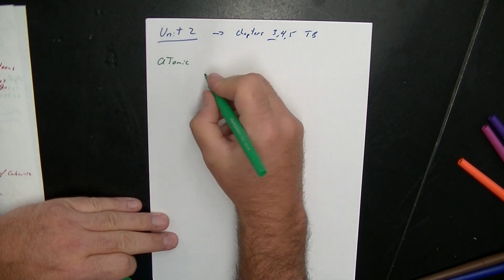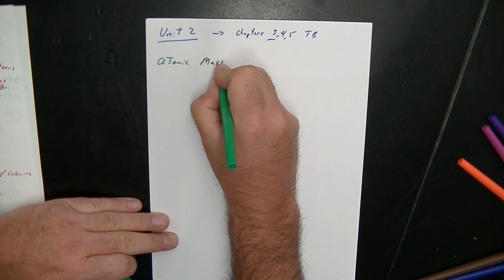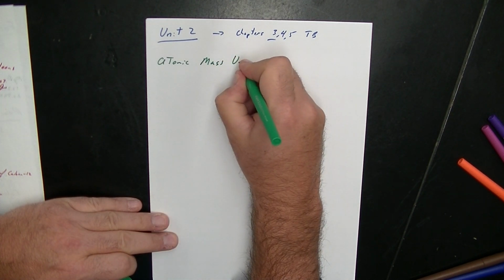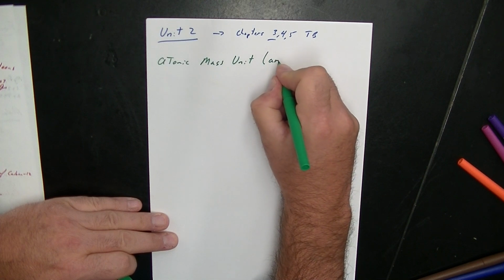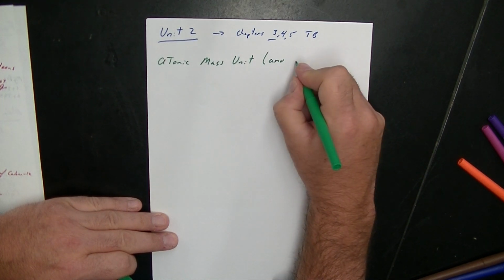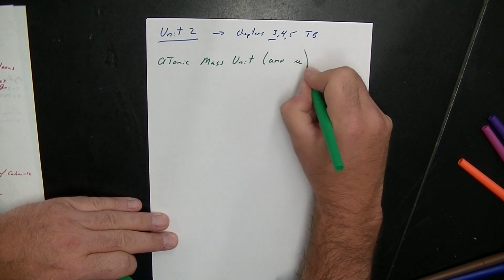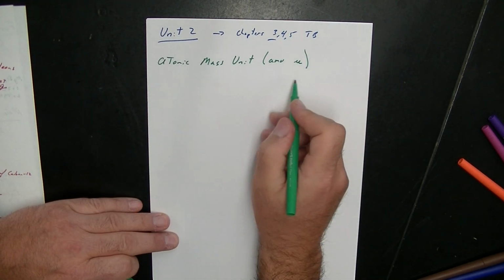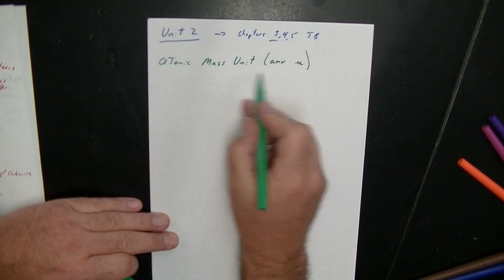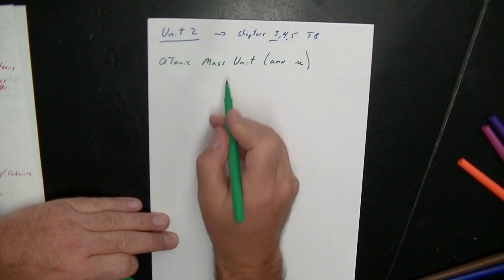Let's start with the basic atomic mass unit, which is an AMU, or just the lowercase. Now, we actually define what an AMU is.